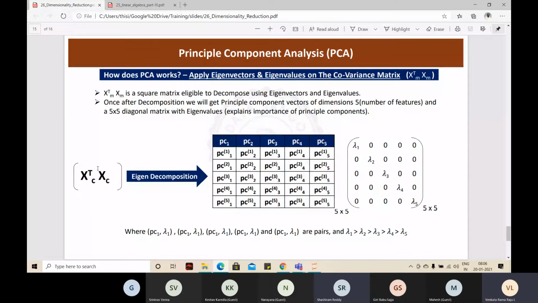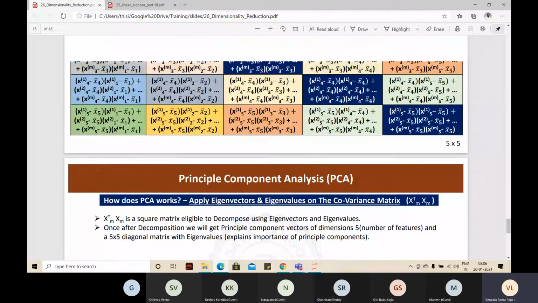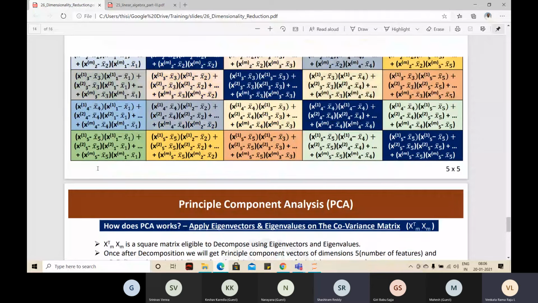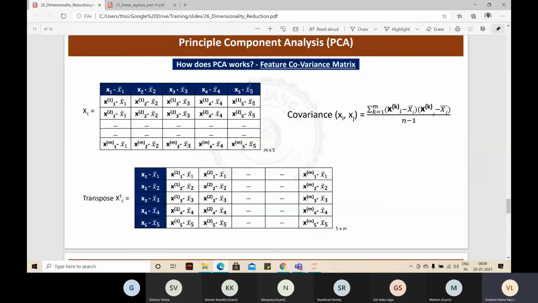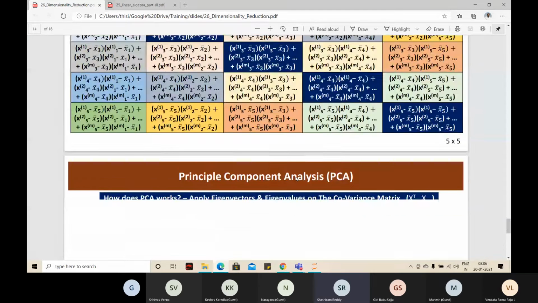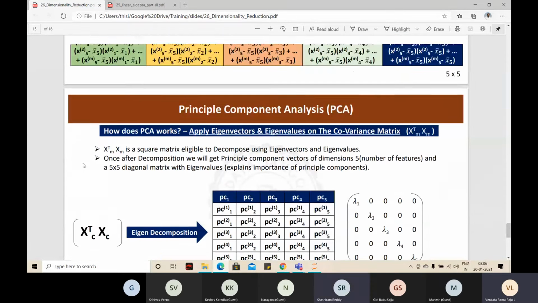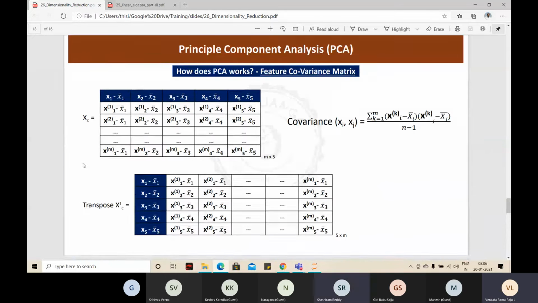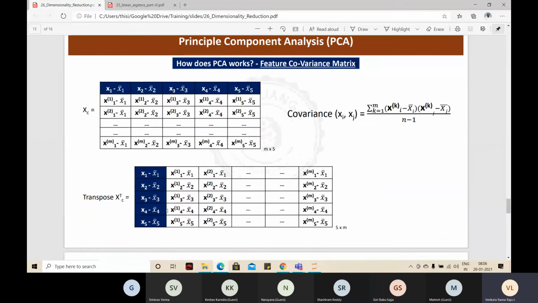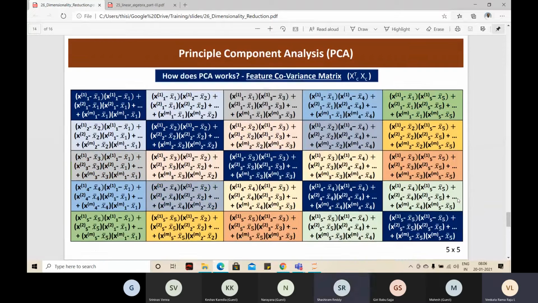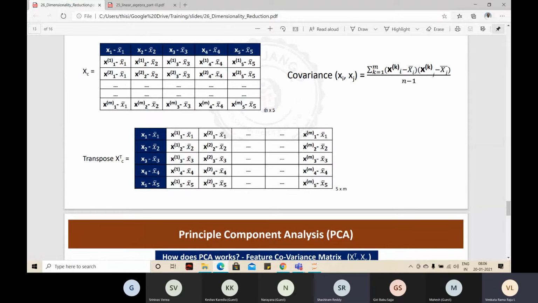What is M by M? What is N by N? N by N is column by column. X transpose X is going to be a column by column matrix. See this? I am calculating X transpose X. That's where we got a 5 by 5 matrix, because X transpose is 5 by M and X is M by 5.